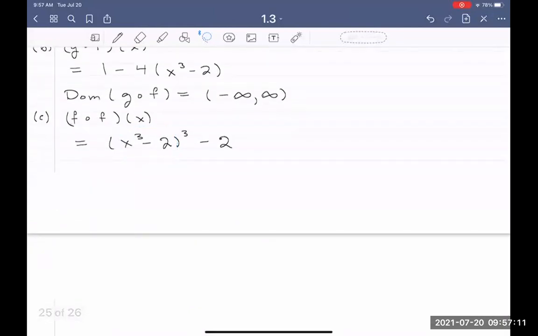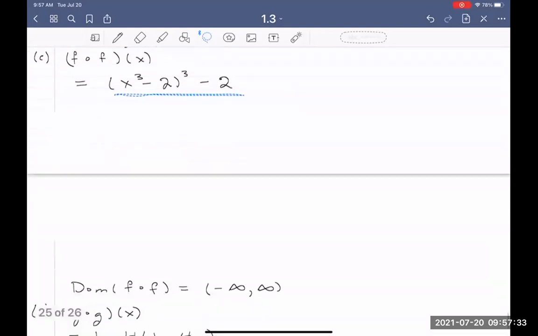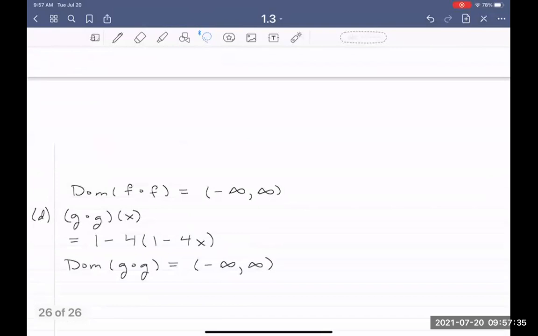Therefore, F evaluated at F of X is just the cube of X cubed minus 3, minus 2. Again, this is a polynomial of degree 9. And so its domain is everything. Negative infinity to positive infinity.